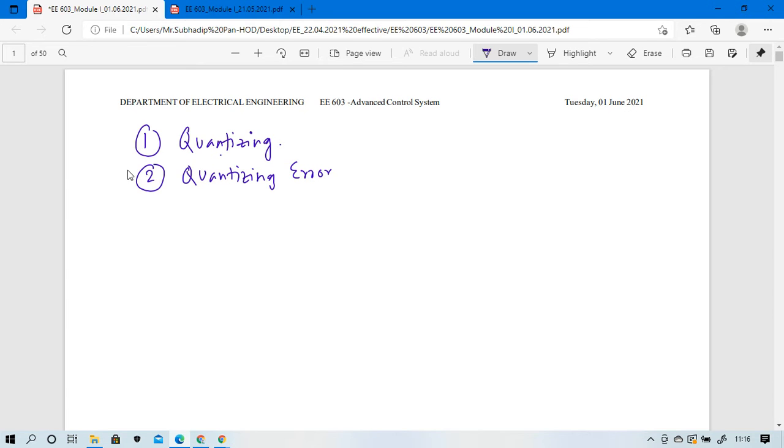So these are the two things we will discuss today: a little bit of quantizing, and the quantizing error. First we have to know about the quantizing.